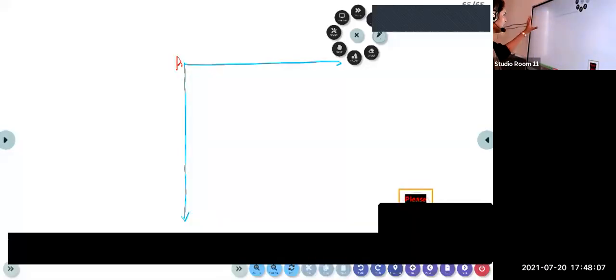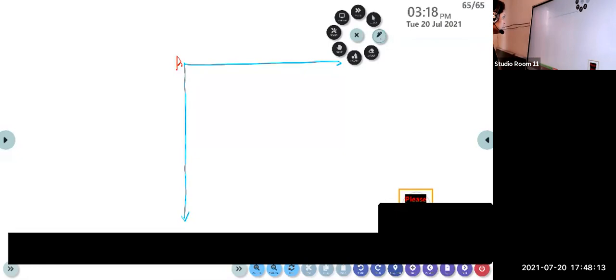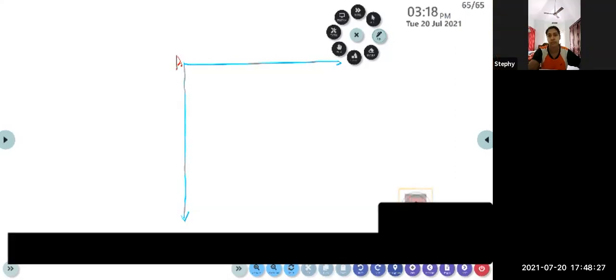So just draw two perpendicular lines and name the point of intersection point A. And what is the next step? Which is the widest measurement? Hip around, yes.